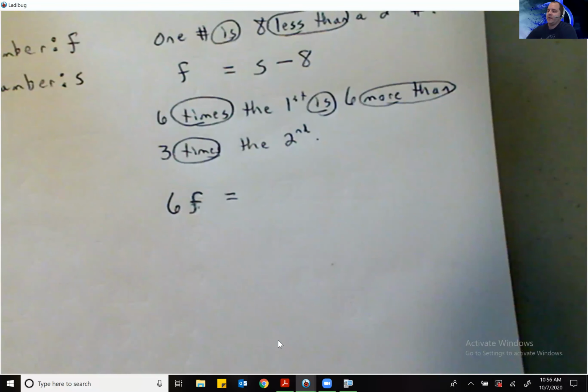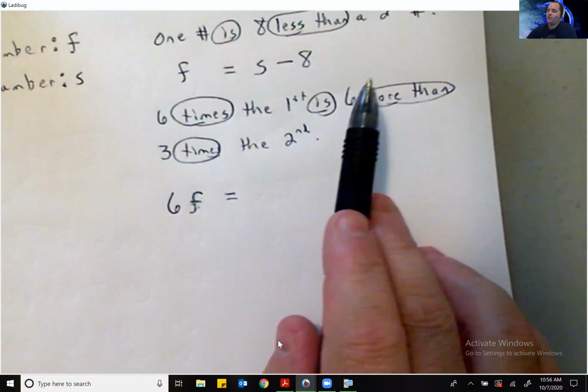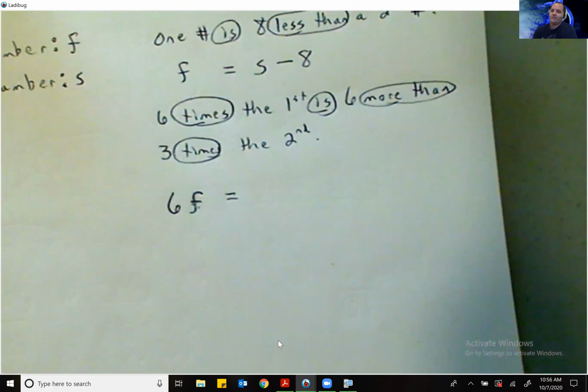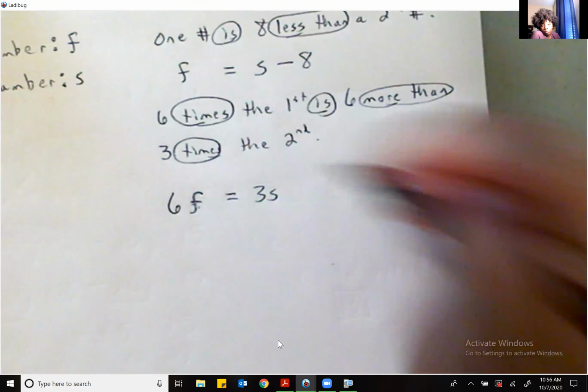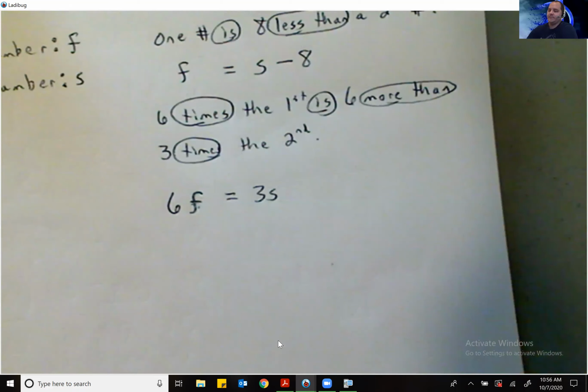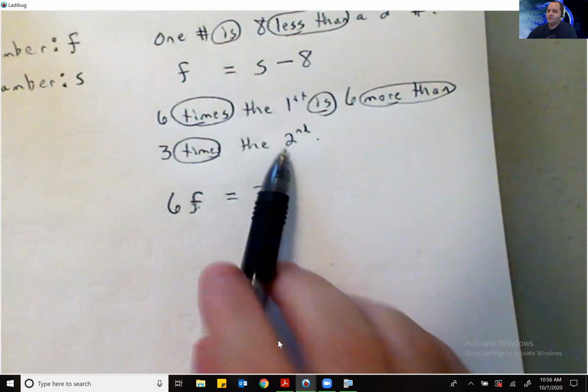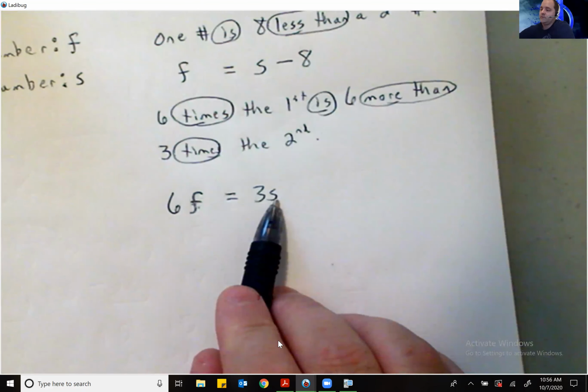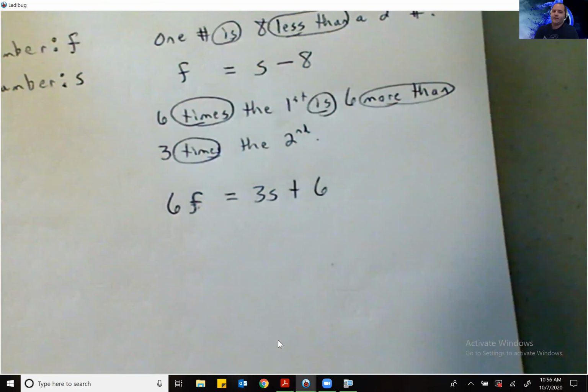So what does that look like? There's 3 times the second, 3S, plus 6. You got it. That's what it looks like.